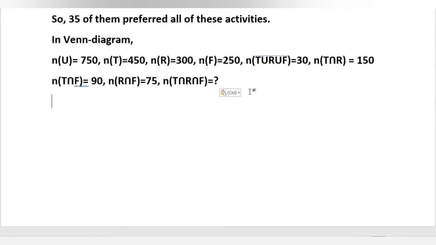Look at here, we have got 35 as the intersection. Intersection already we have got 35, okay, 35. So all that is okay, all the information we have now. Now we can draw the Venn diagram.